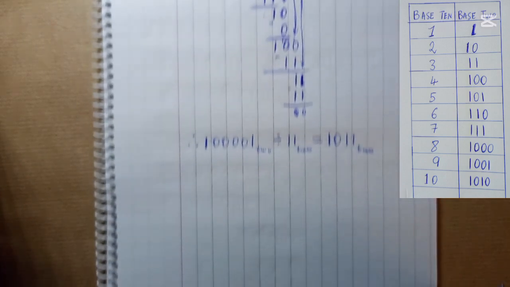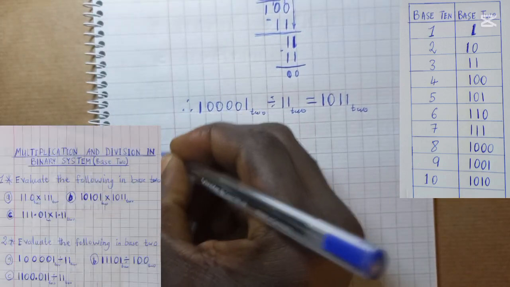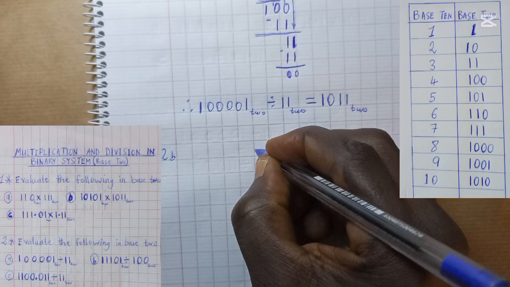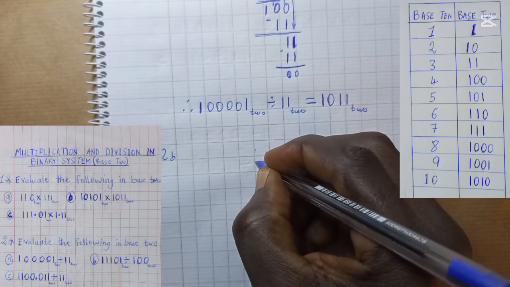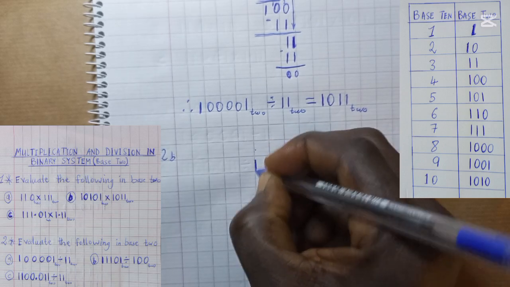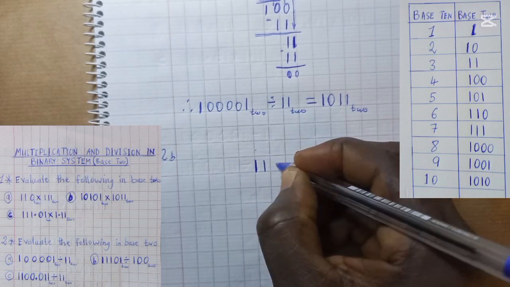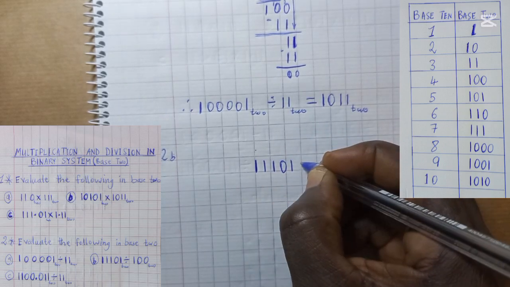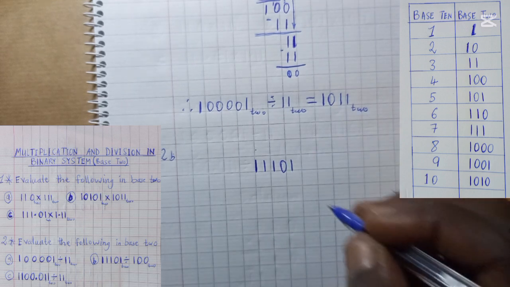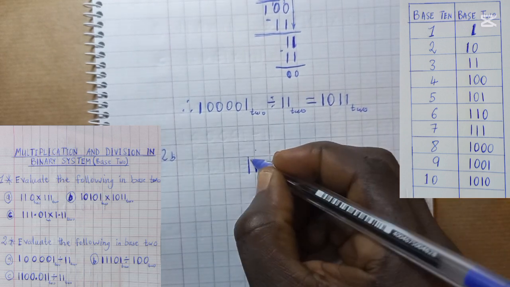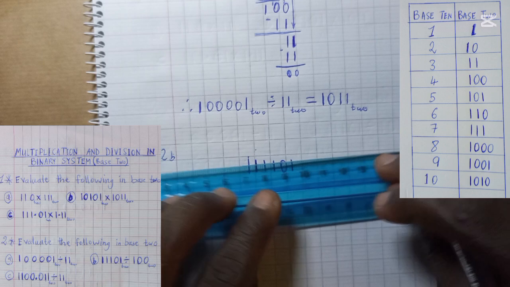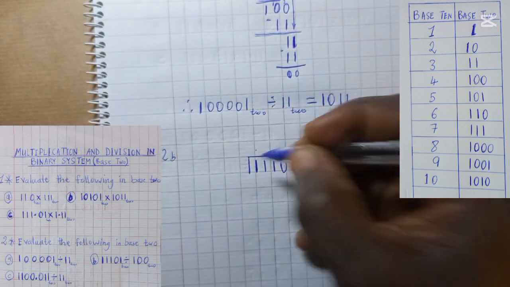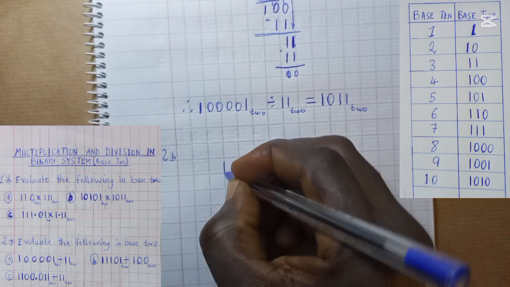Now for the number 2b, we have 111101 divided by 100.